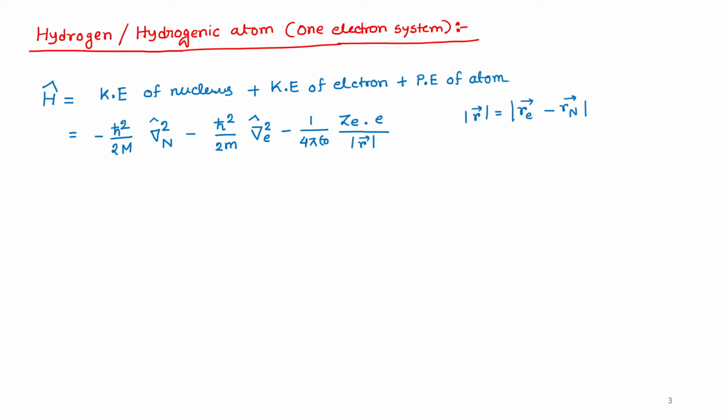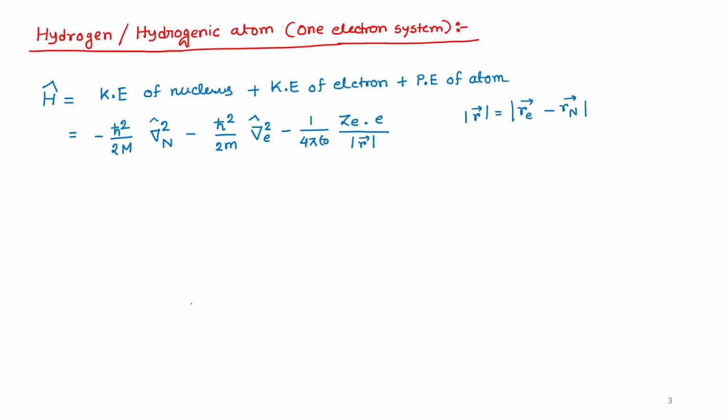So this is the potential energy, and as you can see, it is negative, which means there is an attractive potential energy. That is why the sign is negative.